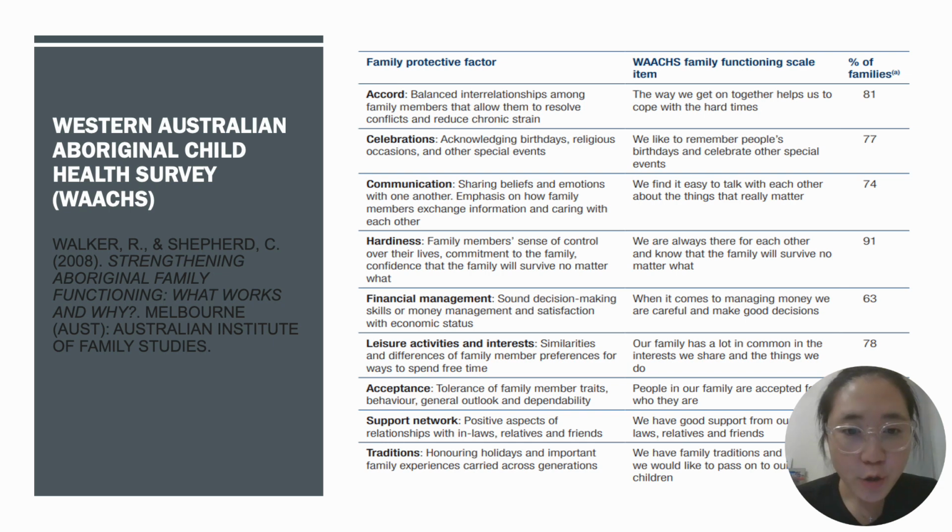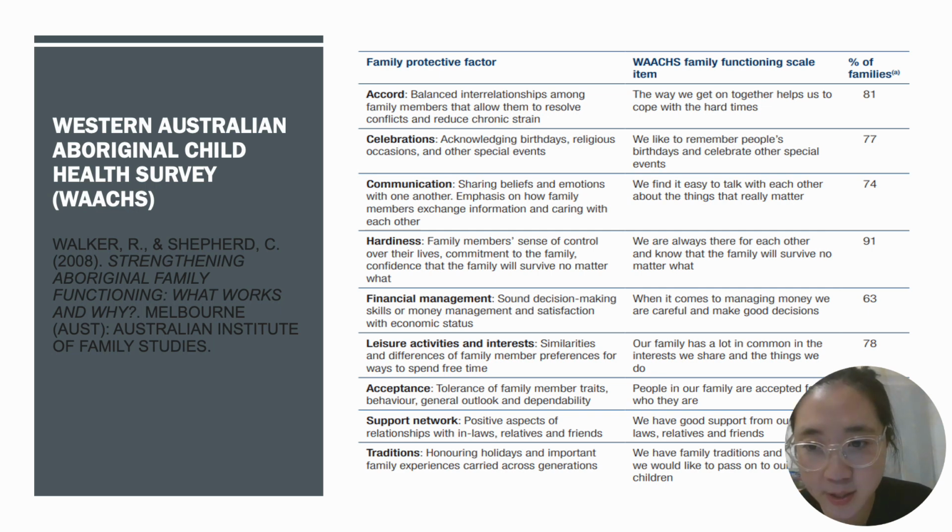I also used a survey as one of the analyzing inquiry skills. In this Western Australian Aboriginal Child Health Survey, you can see a few different ways of surveying that elaborate on family protective factors.